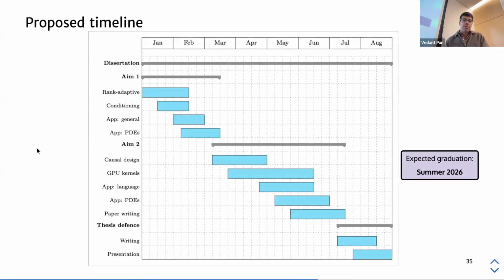The proposed timeline for this dissertation is as follows. AIM-1, I suspect, would take about 2 to 2.5 months, and I suspect AIM-2 would take much longer, mainly because it is somewhat challenging and error-prone to write these GPU kernels. Finally, I plan to finish all of these aims and defend by the summer semester in 2026.